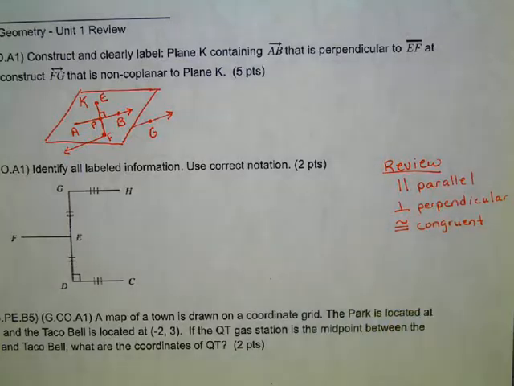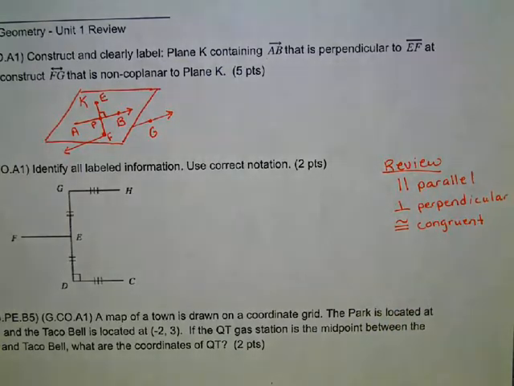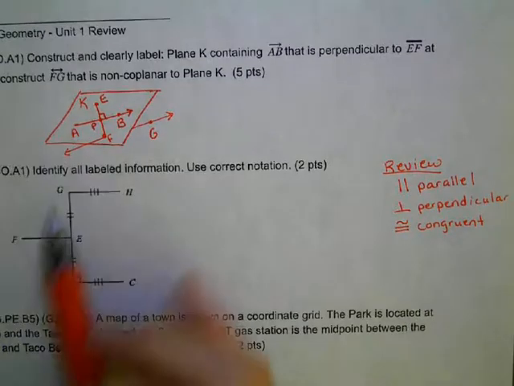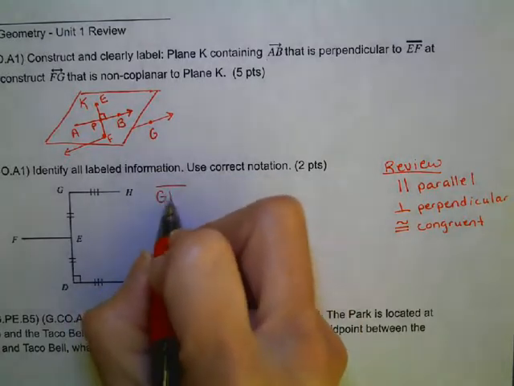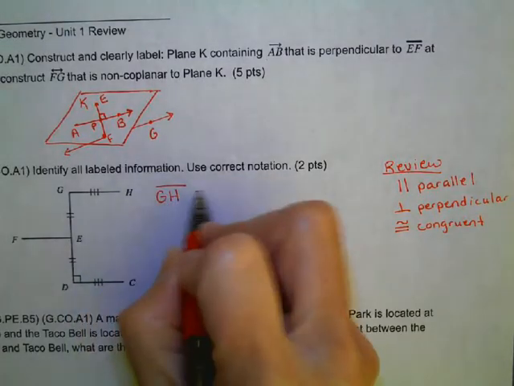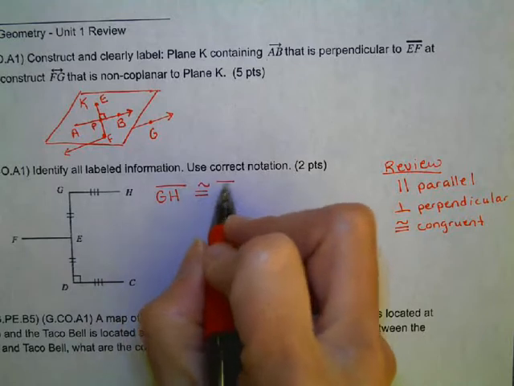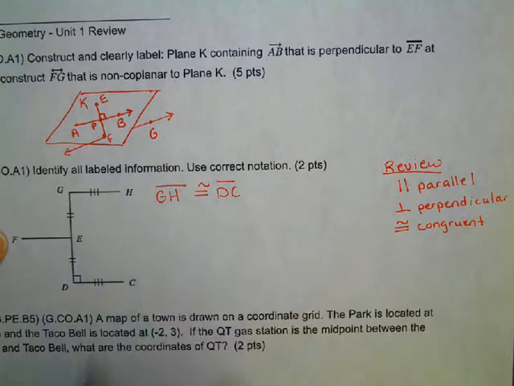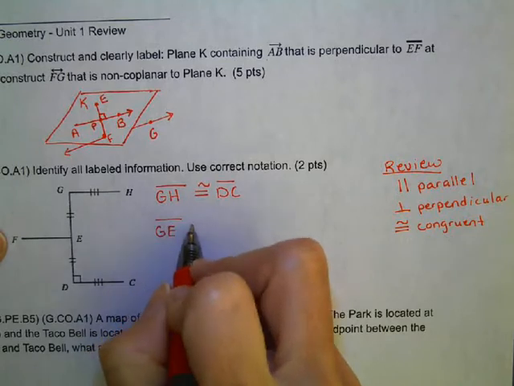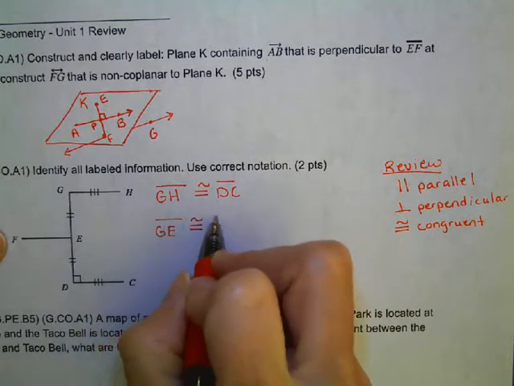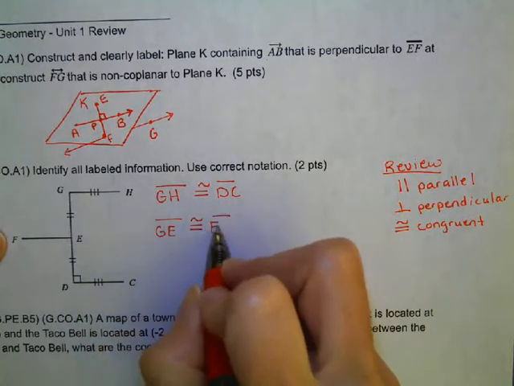Alright, in this picture we don't have any parallel lines marked, but parallel would have arrows on the lines. What we do have are these congruent marks. So I'll say GH, that's a segment, is congruent to segment DC. I could also say segment GE is congruent to segment ED.